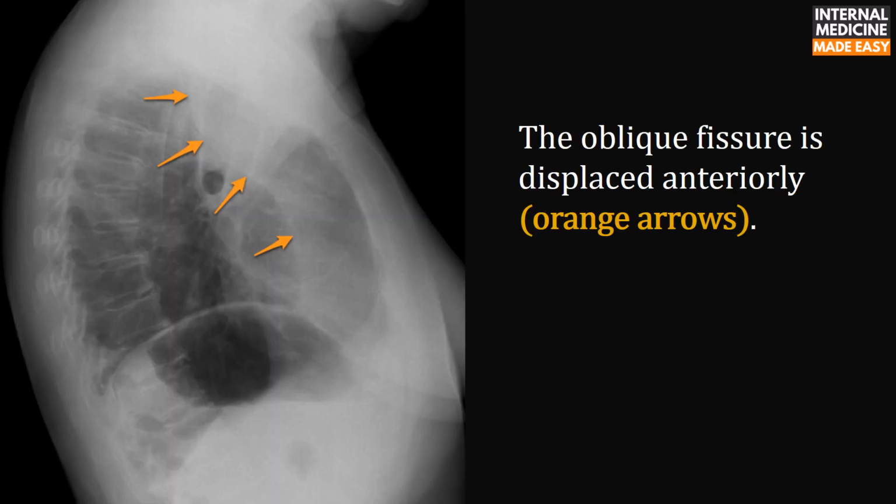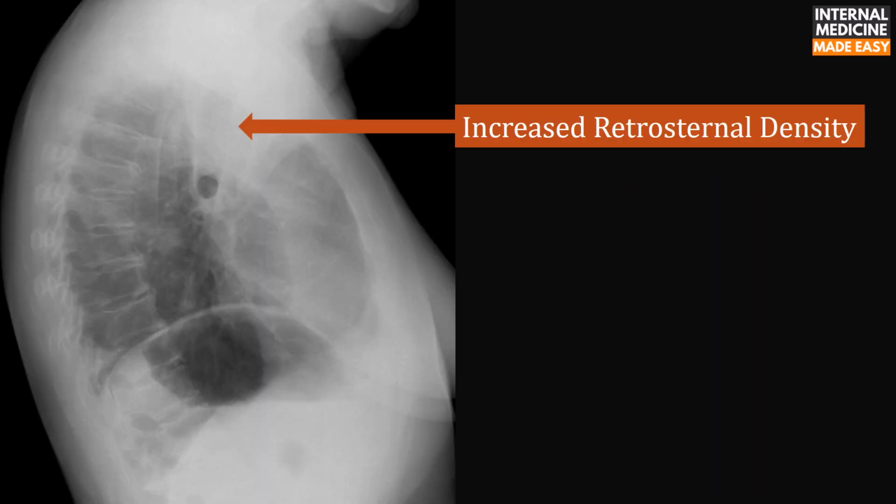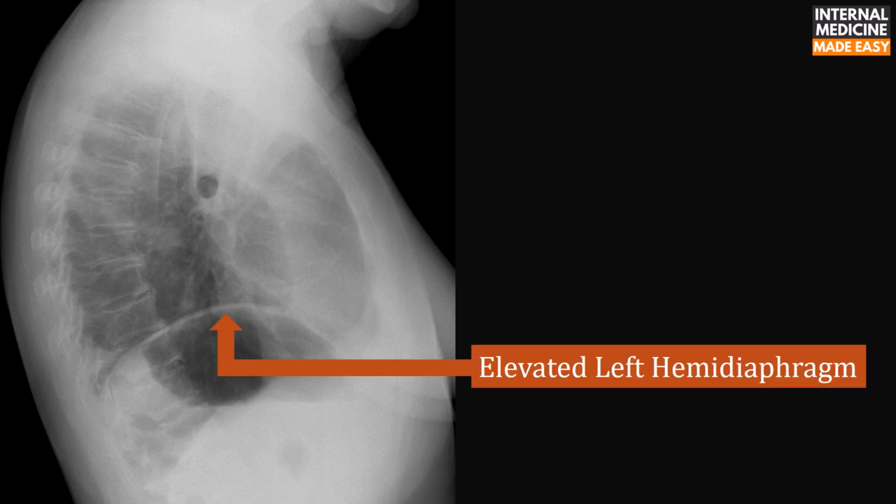The oblique fissure is displaced anteriorly, which is shown with orange arrows. There is increased retrosternal density. The elevated left hemidiaphragm is seen.